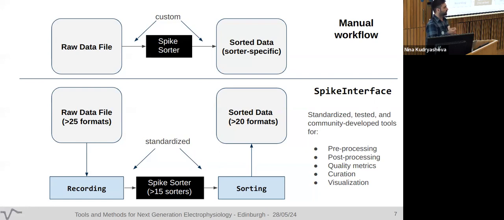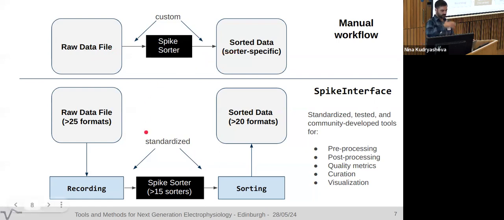And then you need to create parameter files for that sorter to run it. And then your downstream analysis will also be bound to the choice of your spike sorter, because, for example, MountainSort will produce a certain set of files, and then you base your downstream analysis off of those files.